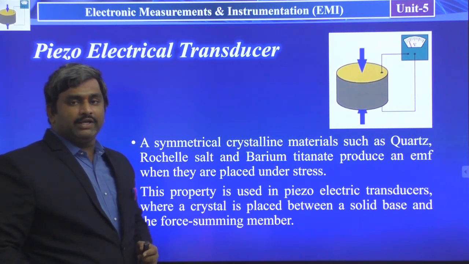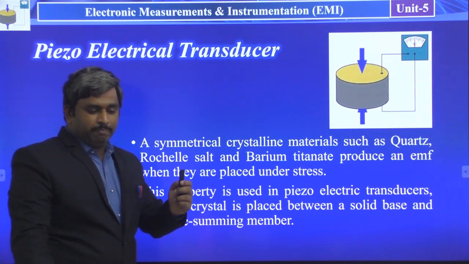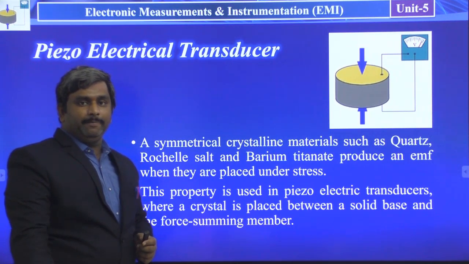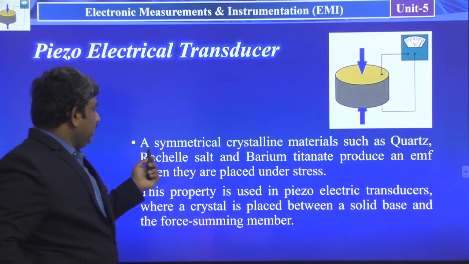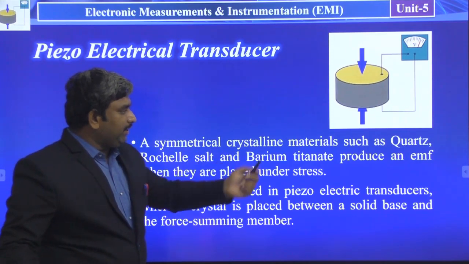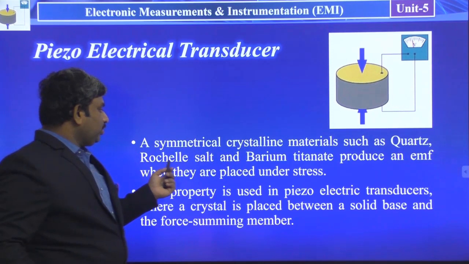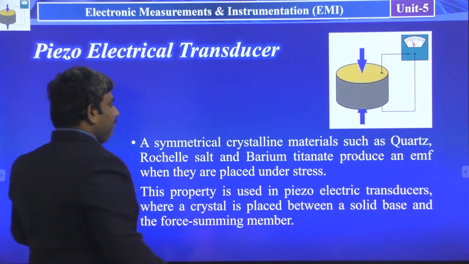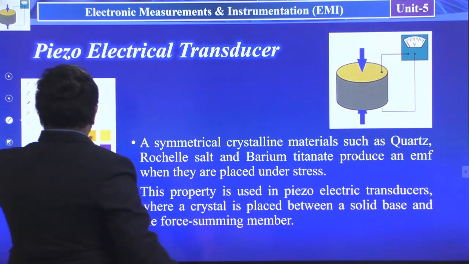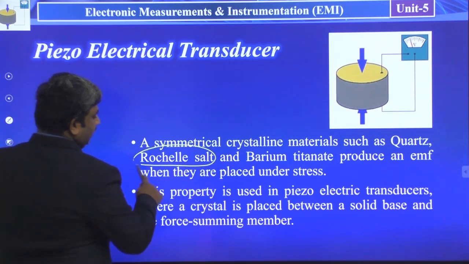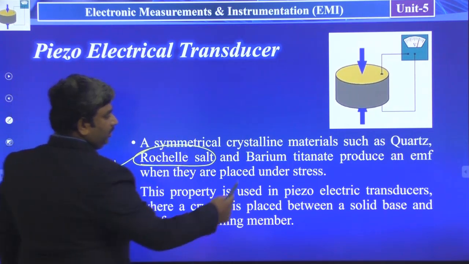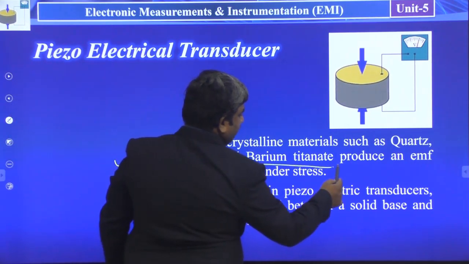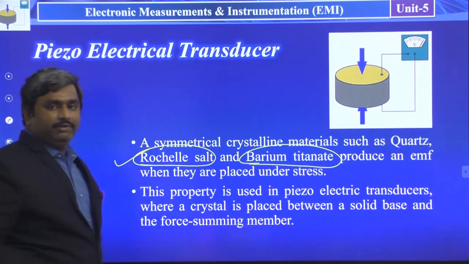The piezoelectric transducer consists of a special type of material, which we will see now. Symmetrical crystalline materials such as quartz, Rochelle salt or barium titanate. So here we have special types of material, Rochelle salt and barium titanate.